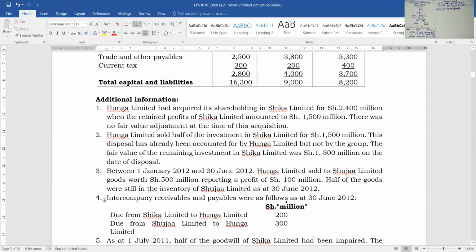Between 1st January 2012 and 30 June 2012, Unga Limited sold goods worth 500 to Shuja. That is within the current year, so that is fine, and again it was between parent and subsidiary.